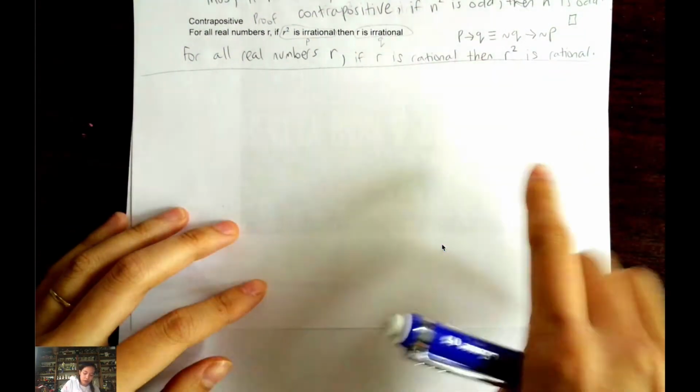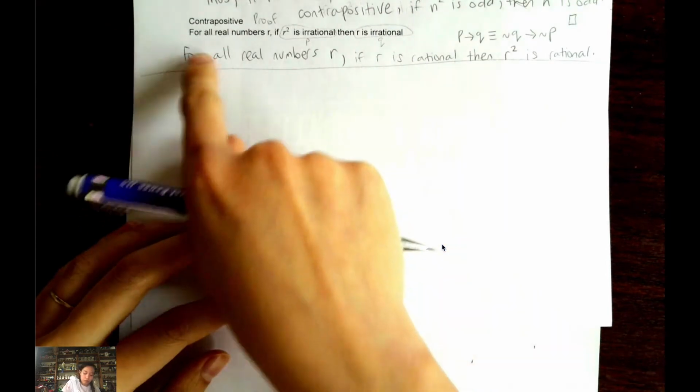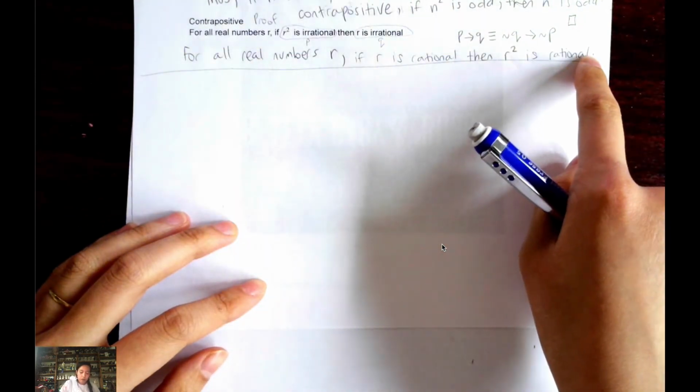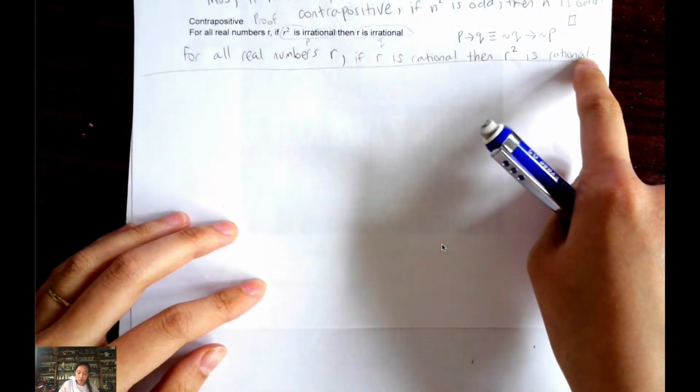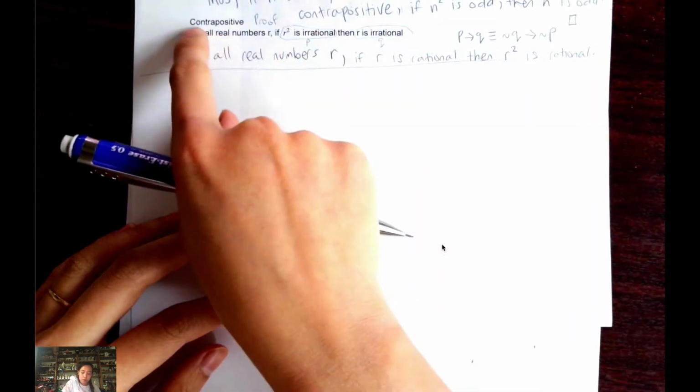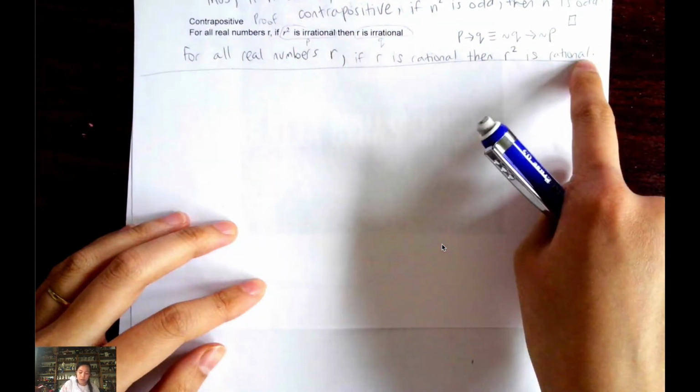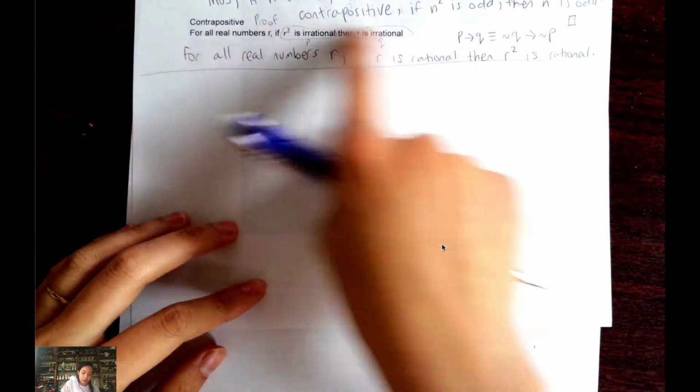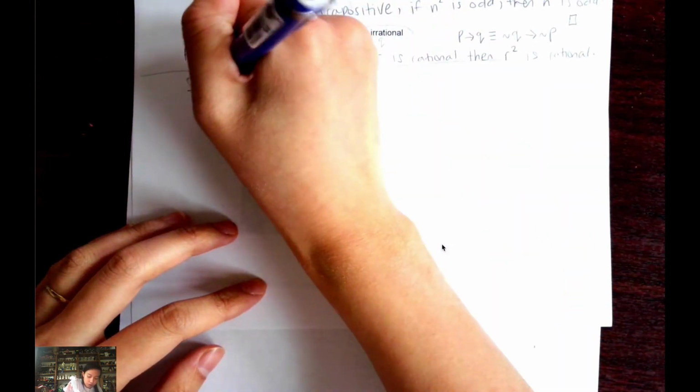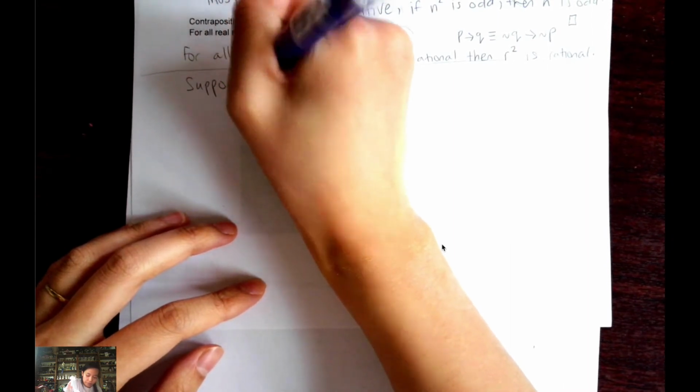So now all we have to do is write a direct proof for this sentence right here. Once we prove the contrapositive, we prove the conditional because the contrapositive is logically equivalent to the conditional. So we can say suppose or assume, I like writing the word suppose.